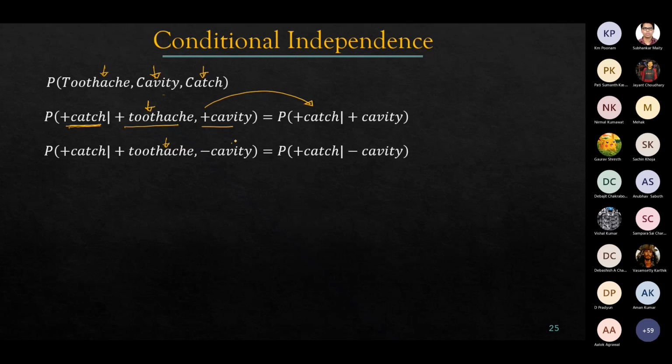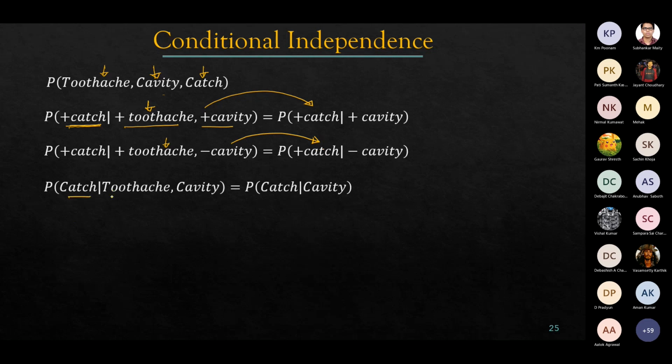So this can be simplified as probability of catch given no cavity. In essence, we are saying the random variable catch is independent of the random variable toothache given that you have a cavity. So catch is independent of toothache given cavity, and this is what we call conditional independence.